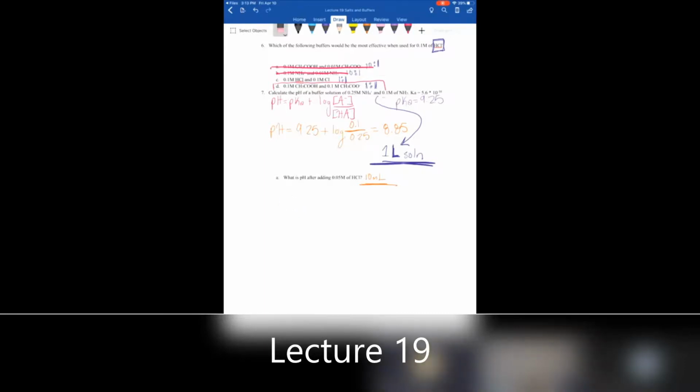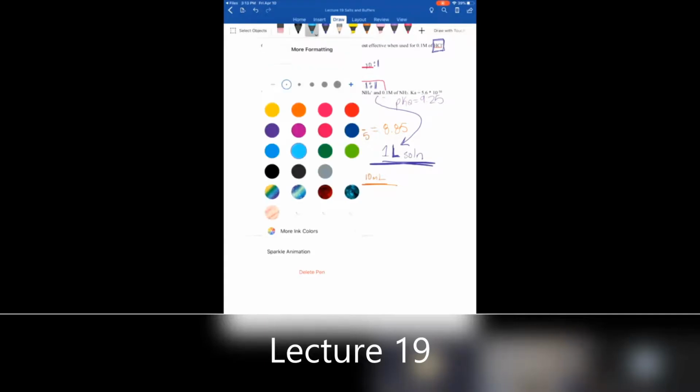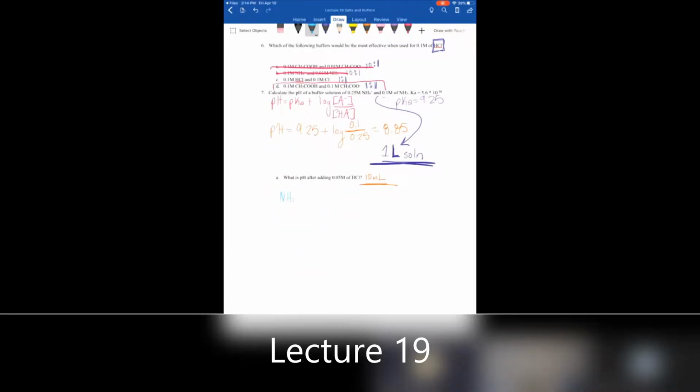It would just be 0.25 because it's just 1 liter. Is it just 1 liter? Yep. It'd still be the same since you're just multiplying by 1. What about NH3? It would still be 0.1. Okay, and HCl.